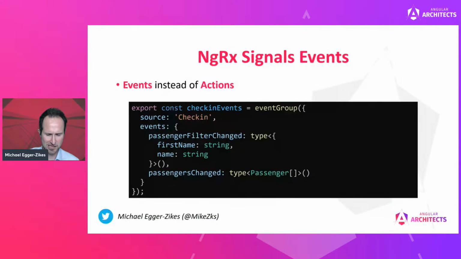The user changed the filter, so passenger filter changed. Or the array of passengers was changed because a server responded. So it's also always a defensive way of doing the communication. It's not giving instructions on what shall be done. That's not the way we work with the Flux or the Redux pattern.